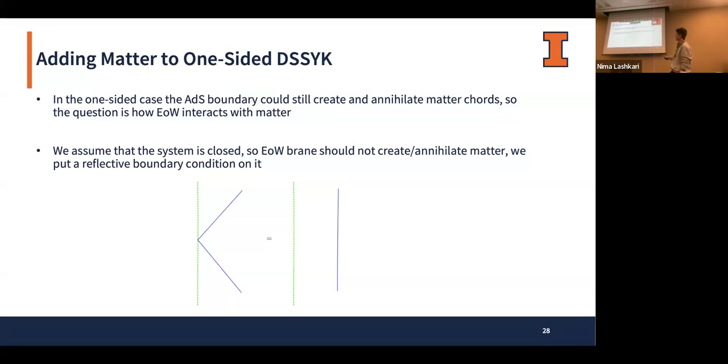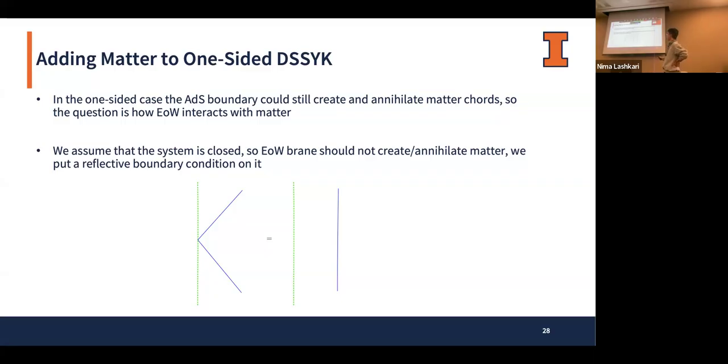So I would expect that I would take a reflective boundary condition, where once the matter chord reaches the end of the world brane boundary, it just gets reflected back, which just looks like this. And nothing happens. So with this minimal assumption, I'm just saying that this end of the world brane does not talk to the matter chord at all. It only talks to the gravitational chord.